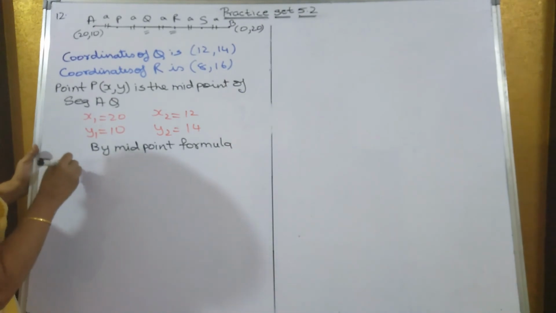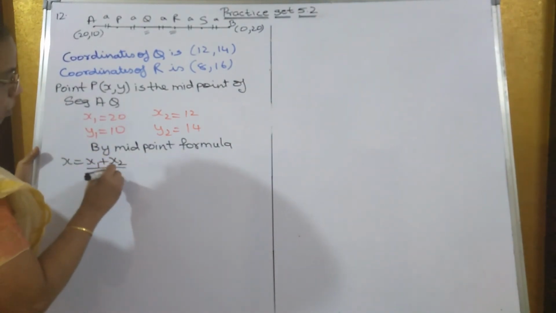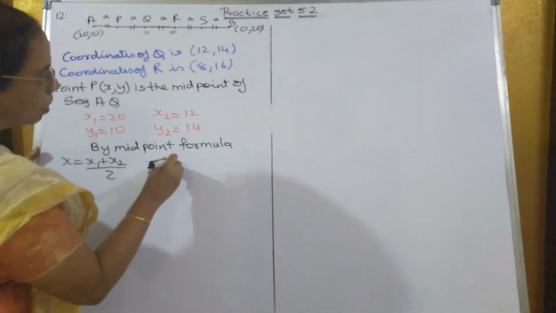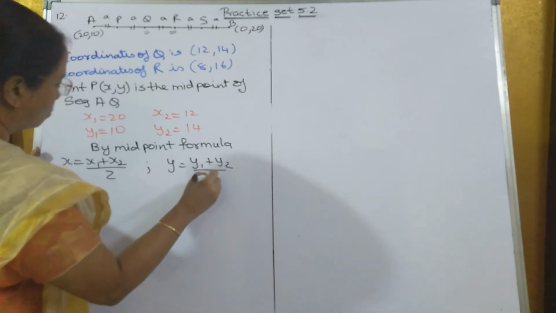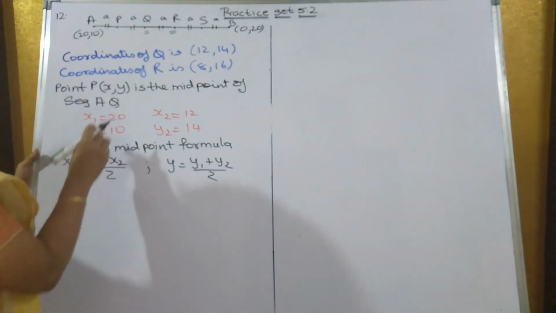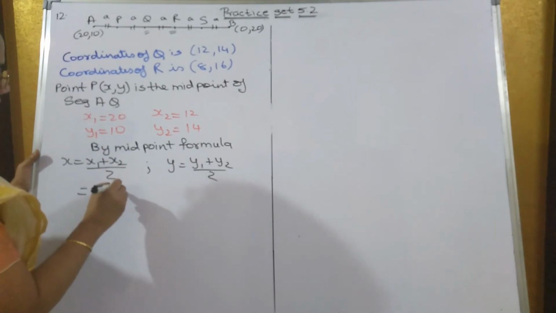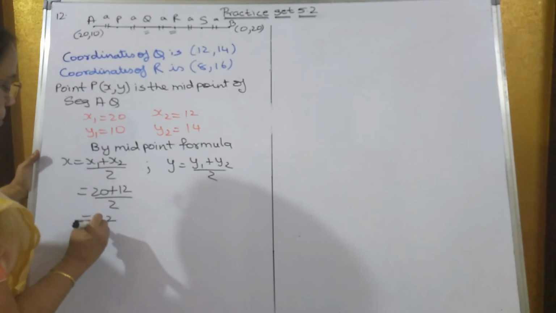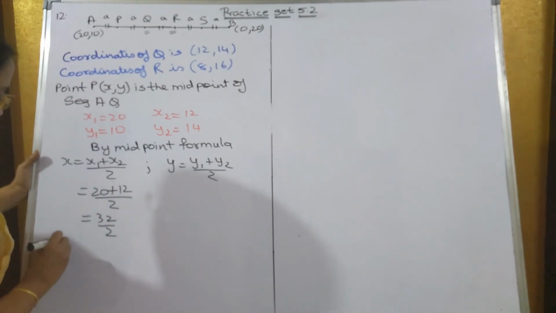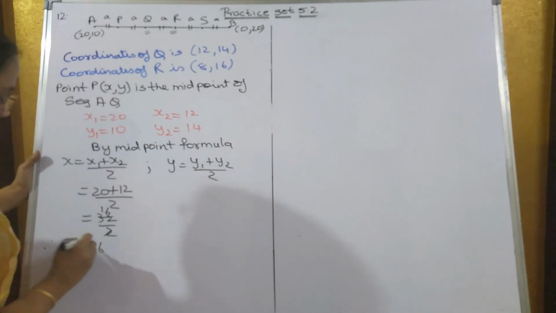X is equal to what? X1 plus X2 upon 2, and Y is equal to what? Y1 plus Y2 upon 2. So what is X1? X1 is 20 and X2 is 12, so 20 plus 12 upon 2. That's equal to 32 upon 2. Therefore, X is equal to 16.